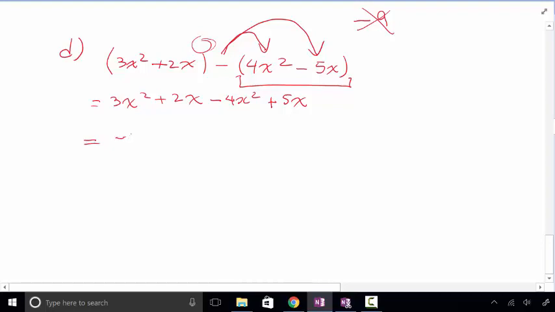Negative 1x squared plus 7x. Do I have to write it like that? No. I can write negative x squared plus 7x. Remember, if there's no number in front of the variable, it's a 1. In this case, there's a negative in front of the variable, so it's a negative 1. Is that okay? All right.